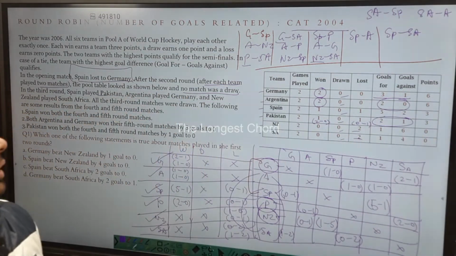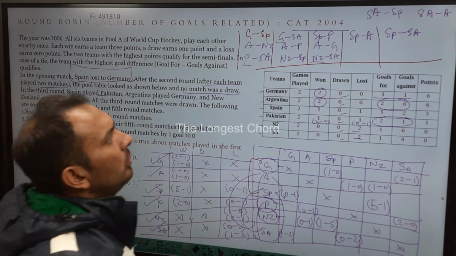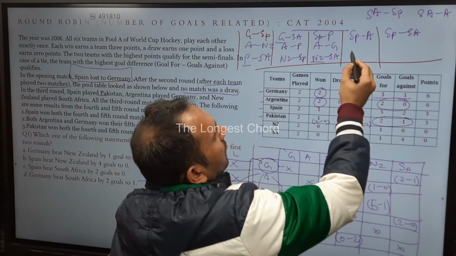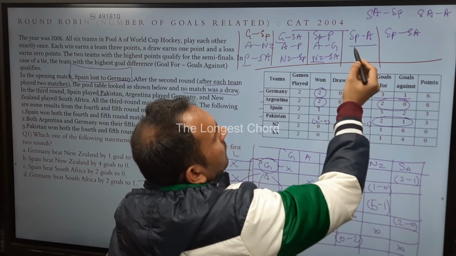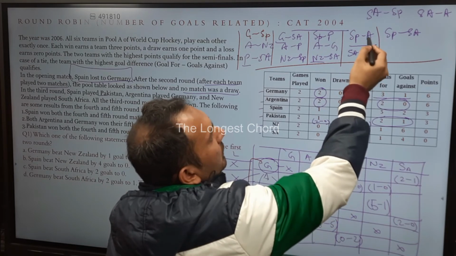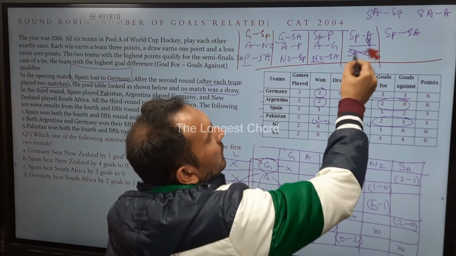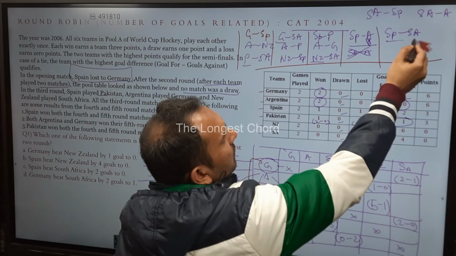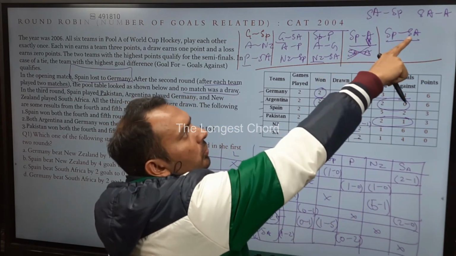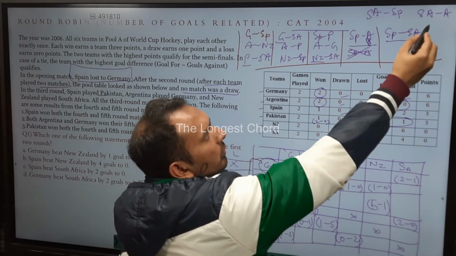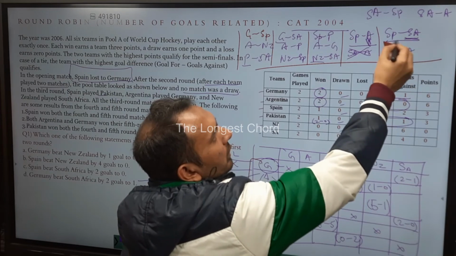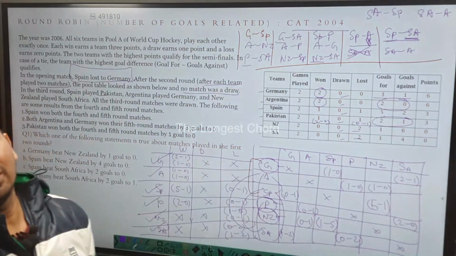Now South Africa, if it has to play against Argentina, can I put it here? Let's say South Africa, Argentina, but Argentina is already playing here, so we cannot put this set here. Can I play this here? Because it has to be matched with one of these two matches, because these are the 2 matches left with Spain. So South Africa now playing with Argentina. If I play, then South Africa is already playing here against Spain.